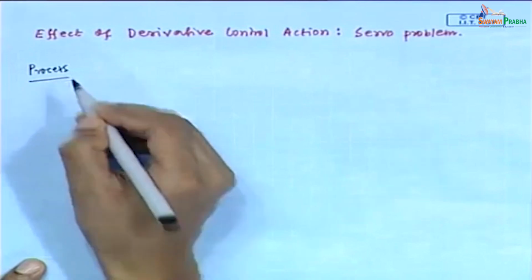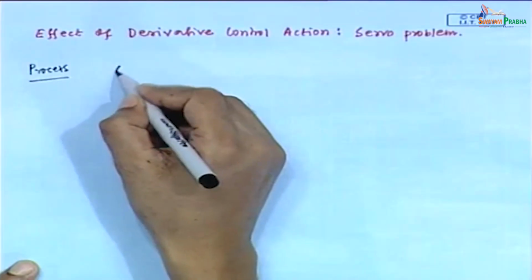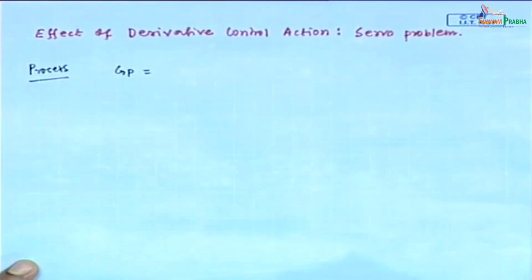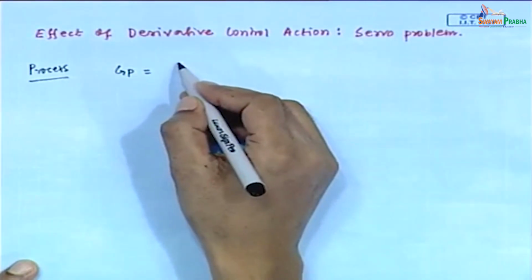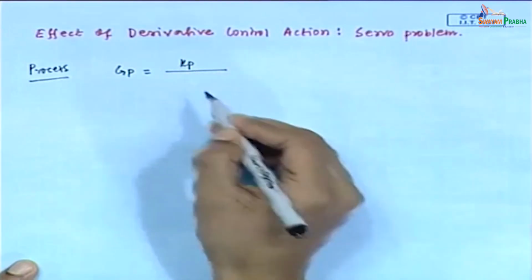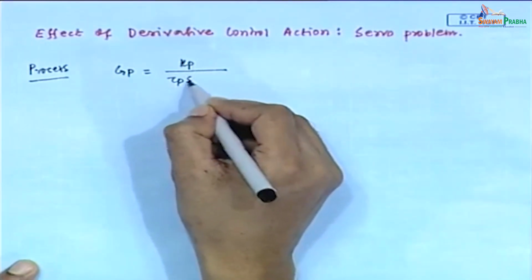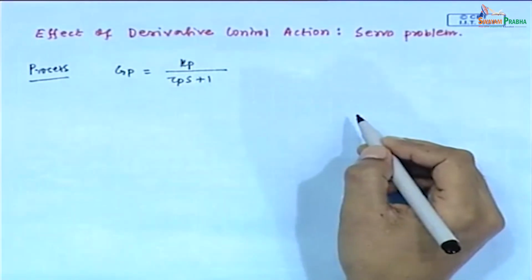So, in a closed loop block diagram, the important element is process. The transfer function of a first order process can be written as Gp equals Kp divided by tau P s plus 1.